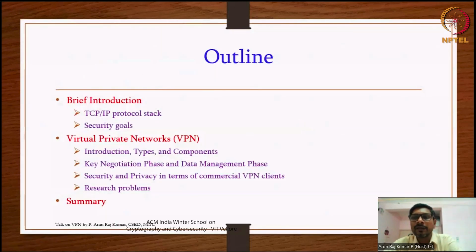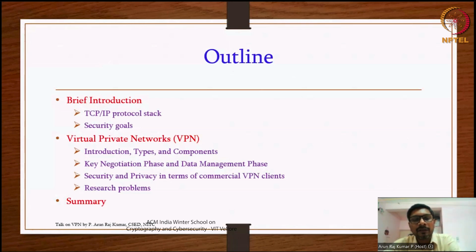So, the outline of the talk for this session is planned this way. I'll be giving a brief introduction to the TCP/IP protocol stack and security goals. These two topics are important, or I should call them the prerequisites, to better understand virtual private networks.